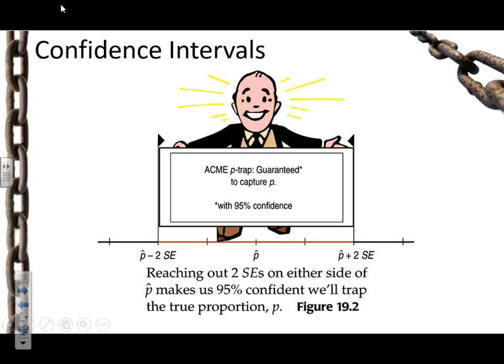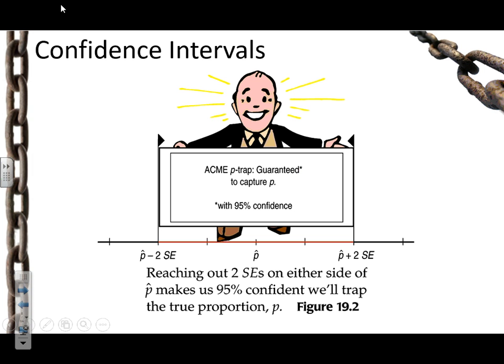I'm starting at my sample proportion or my sample mean. So if I want 95% confidence, I'm going to reach 2 standard deviations above my sample proportion. So I'm going to take my sample proportion plus 2 times my standard deviation. And I'm going to reach 2 standard deviations below. So take my sample proportion minus 2 times my standard deviation.